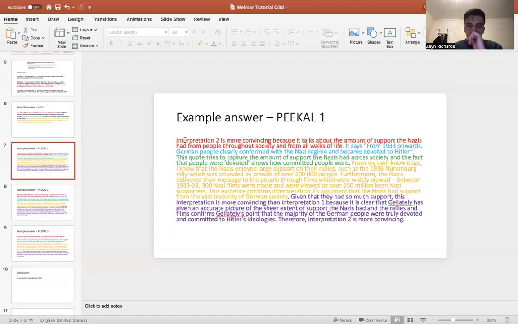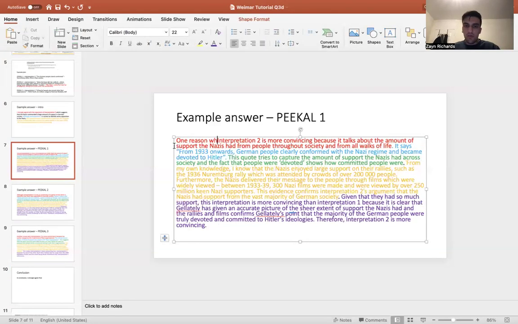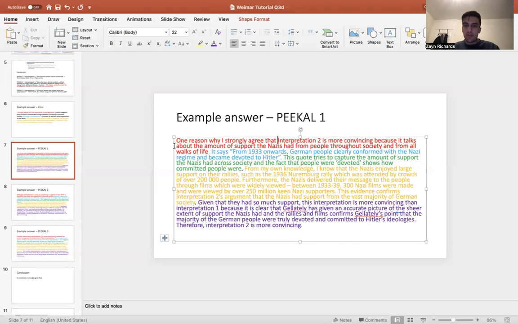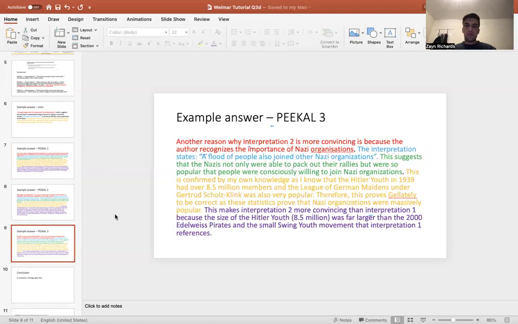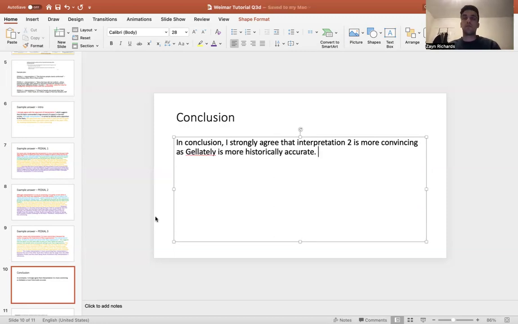So we should say, in conclusion, I strongly agree that interpretation 2 is more convincing, as Gellately is more historically accurate. Use that as your sentence starter for your conclusion.